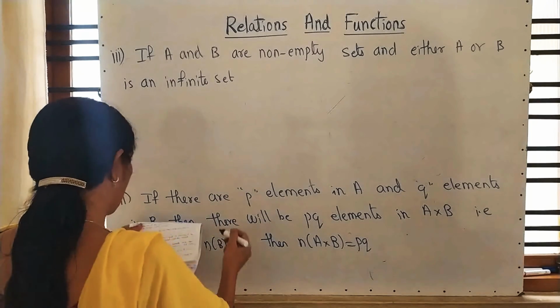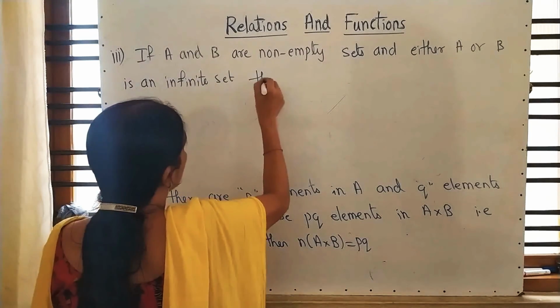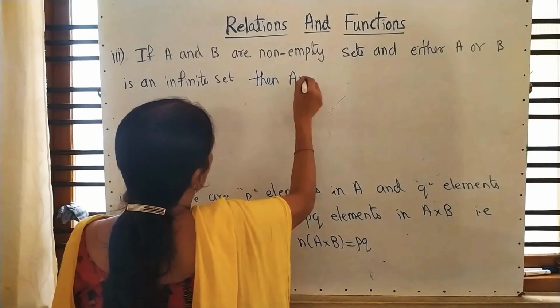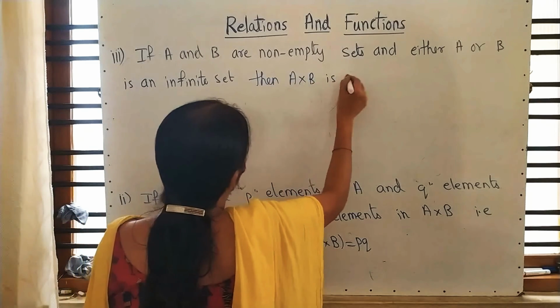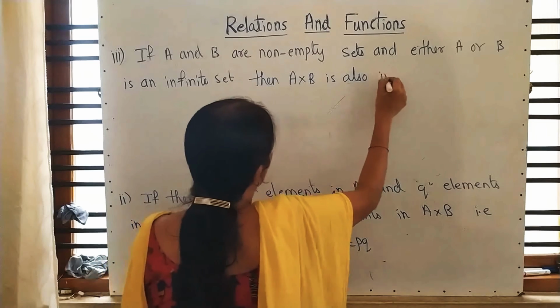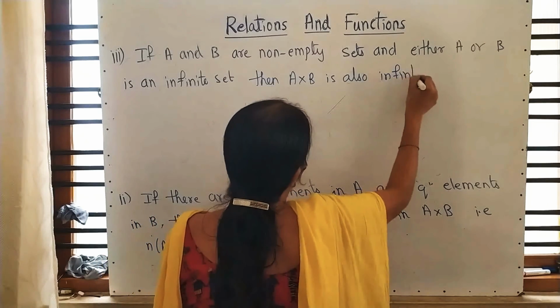Their Cartesian product A cross B is also infinite. Correct or what? Yes.